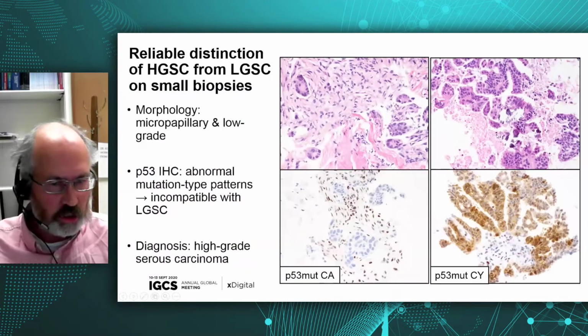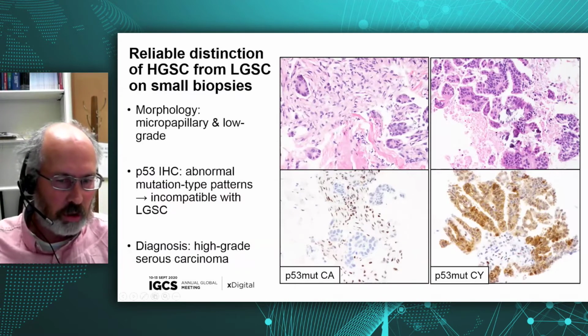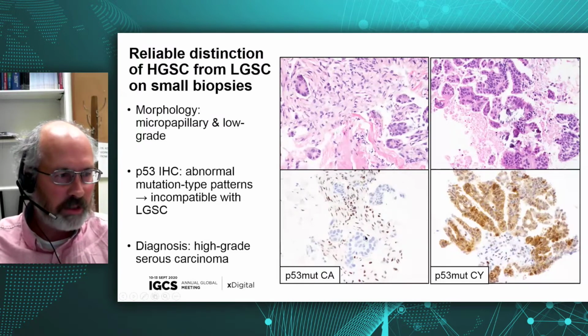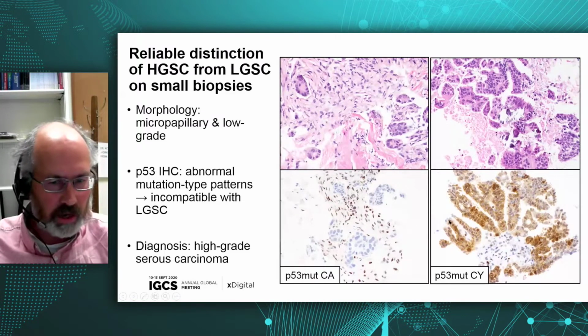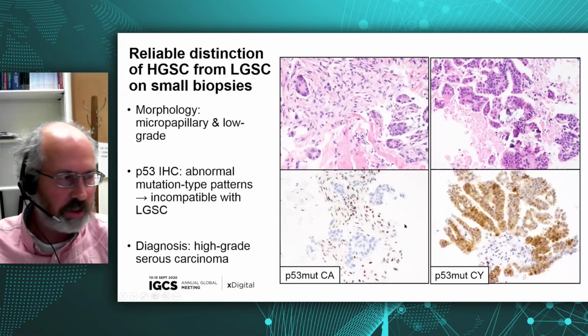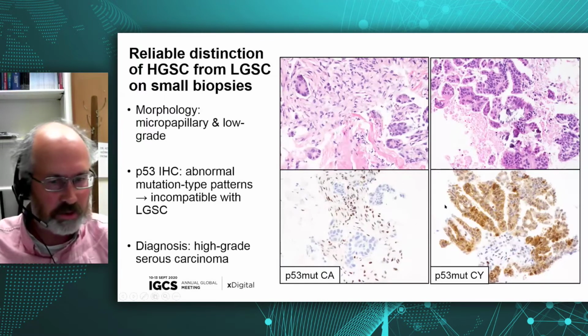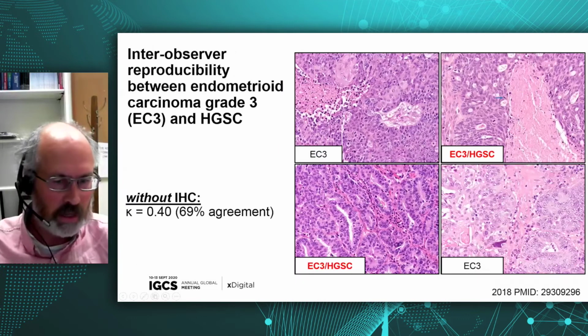Despite that limitation, P53 IHC is now an important adjunct to distinguish low-grade from high-grade serous carcinoma on small pre-treatment biopsies, as shown in these examples. The morphologic features are micropapillary and low-grade, but the immunohistochemistry shows mutant type P53 IHC, which is incompatible with the diagnosis of low-grade serous carcinoma.